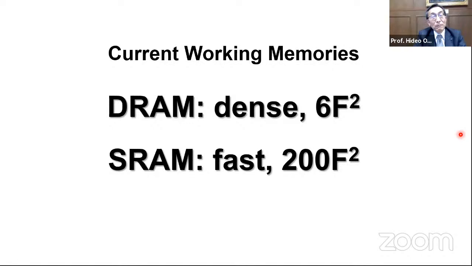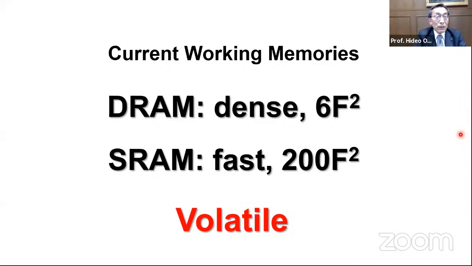But the drawback of all these current great working memories is that they're volatile, which means that once you turn off those memories to save power, all the information that you kept in those devices is gone.